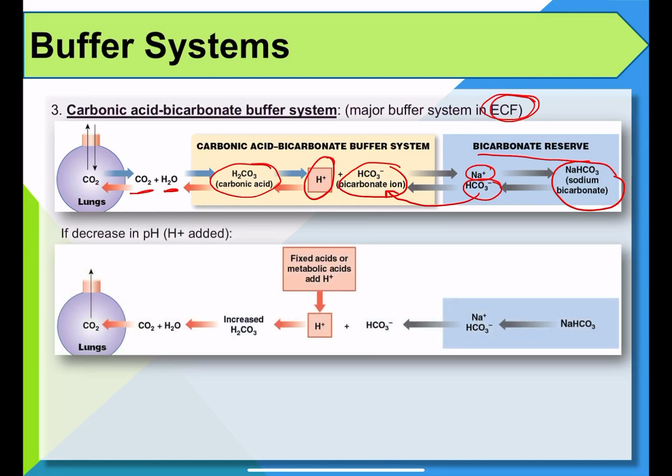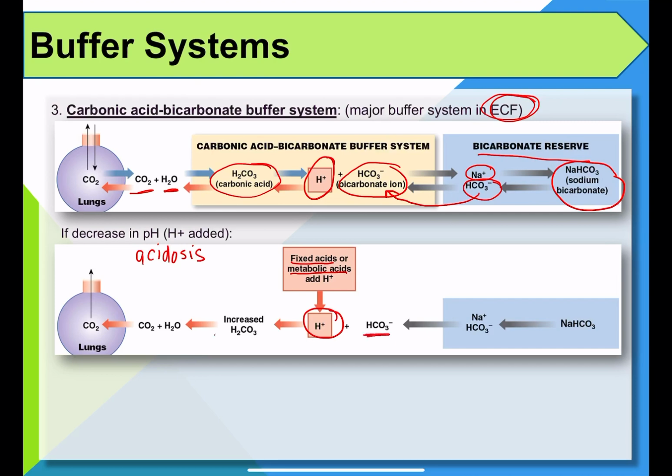Now, if we have a decrease in pH, meaning acidosis in the body, hydrogen ions are being added either from your fixed acids or from metabolic acids. This adds hydrogen ions in the body, which then will combine with the available bicarbonate ions.